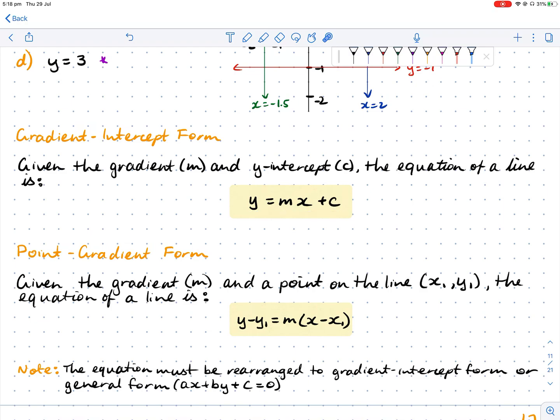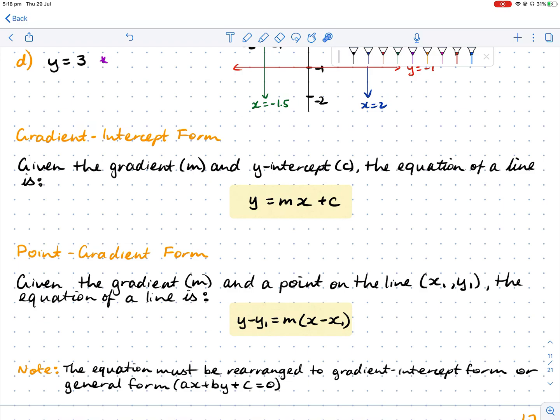So I know in your textbook and some of your older work, we may have used b. It means the same thing. It doesn't really matter which letter you use, but what you find is with the new senior syllabuses, they all use c as the y-intercept. Okay, so that's sort of why we're using it more now.